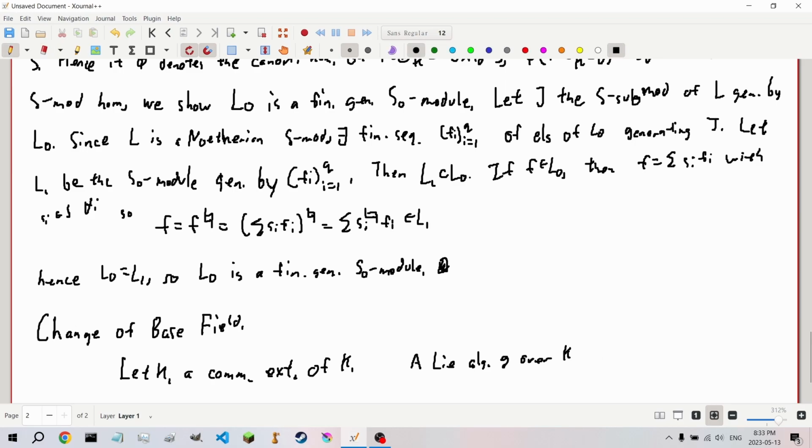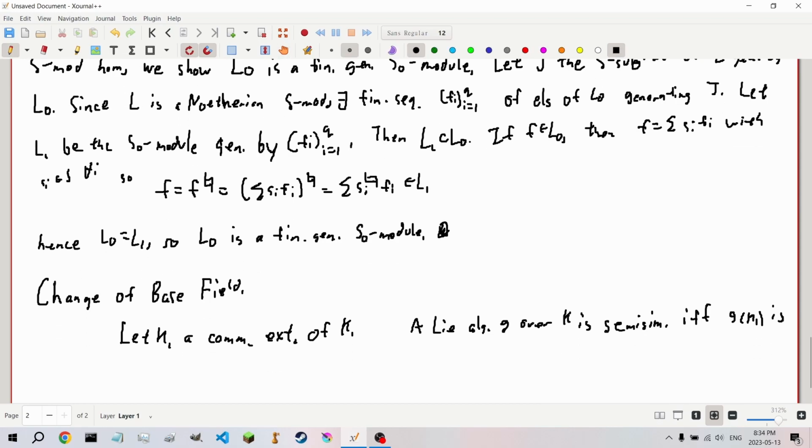A Lie algebra G over K is semi-simple if and only if GK1 is semi-simple.